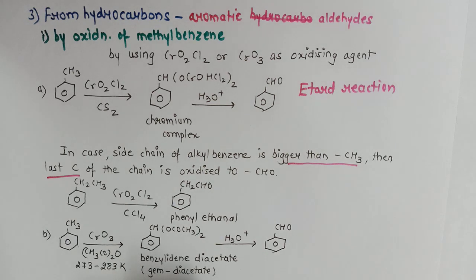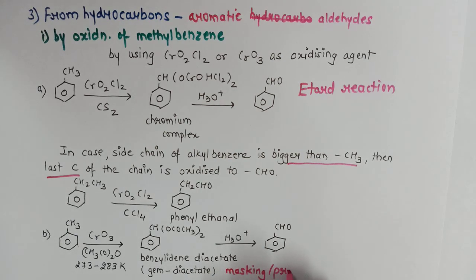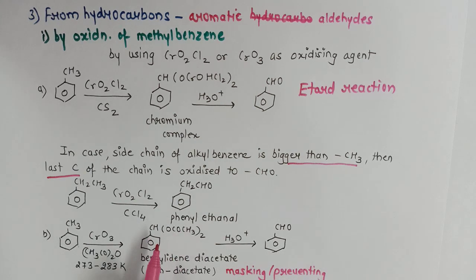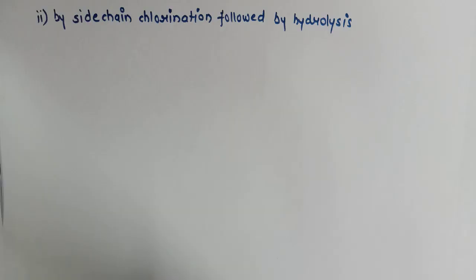This process is called masking, or it can also be called preventing of this group. Otherwise the aldehyde group formed will get further oxidized to acid, and we will get benzoic acid rather than benzaldehyde. Therefore we first mask it, or prevent its further oxidation, by converting it into benzylidene diacetate or gem diacetate.